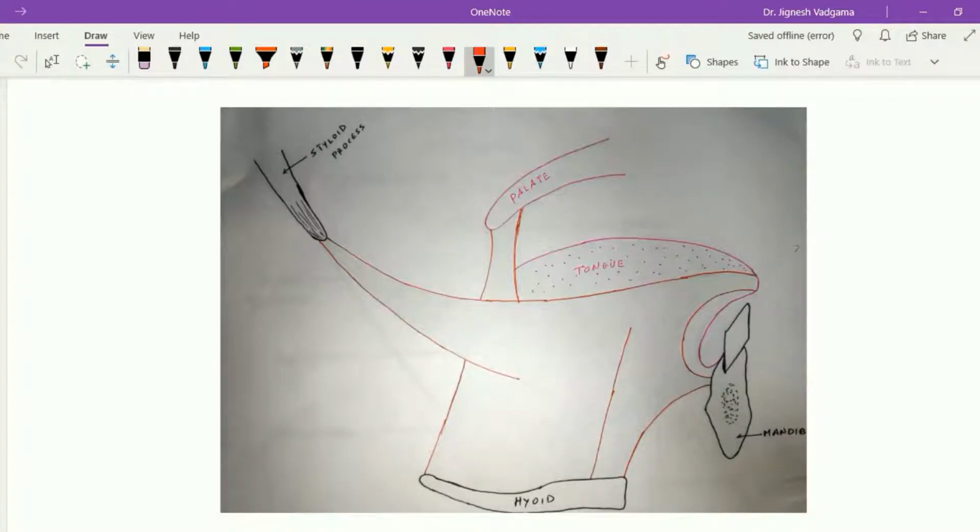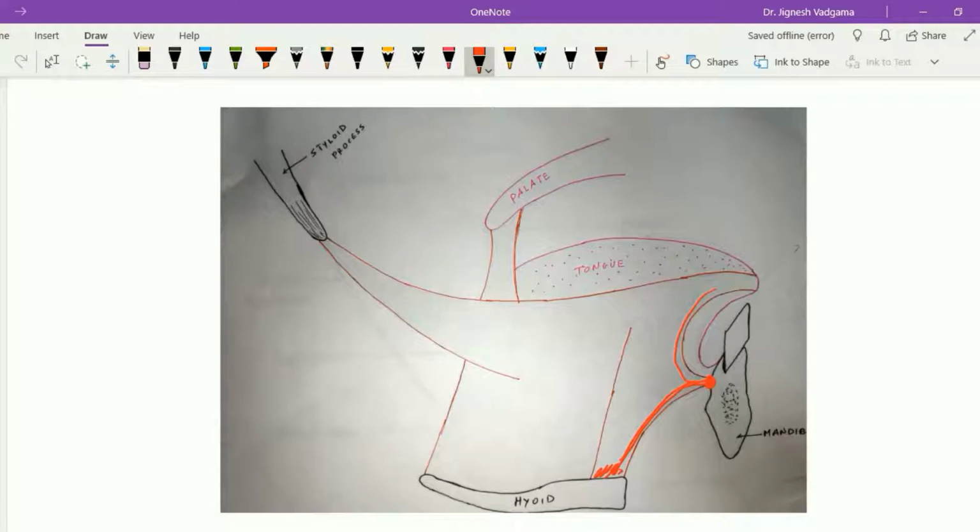This genioglossus muscle is a fan-shaped muscle which gets origin from the upper genial tubercle of the symphysis menti of the mandible. The lowest fibers get inserted over the upper part of the body of the hyoid bone.